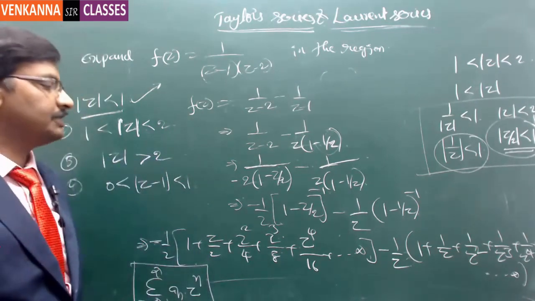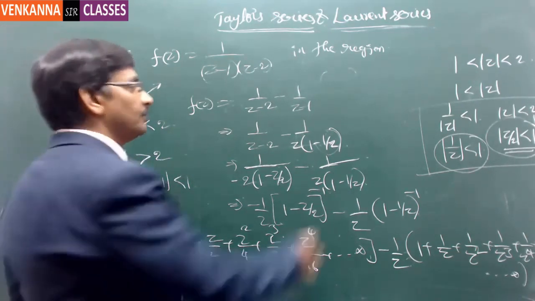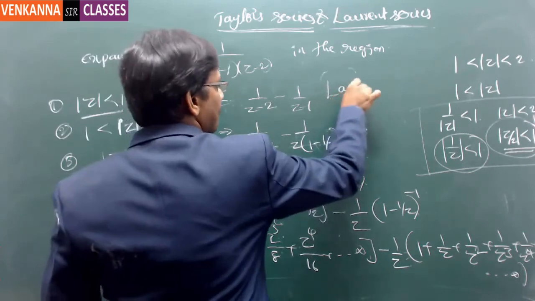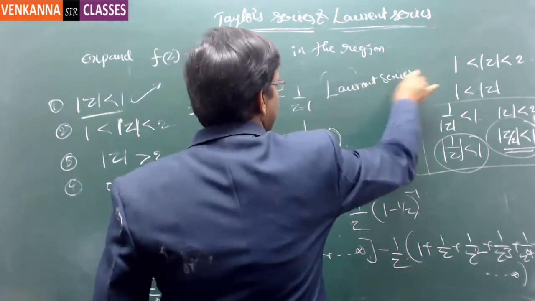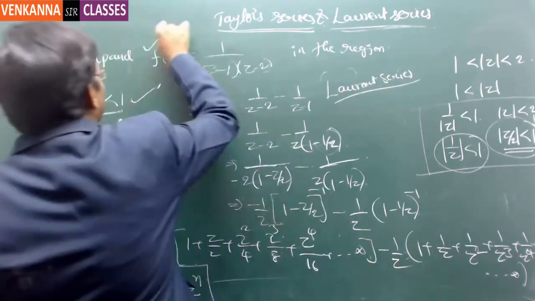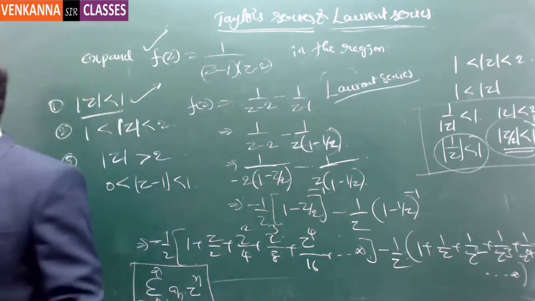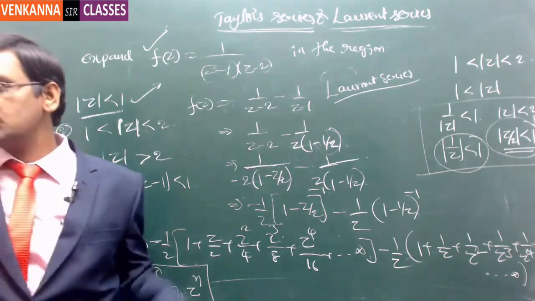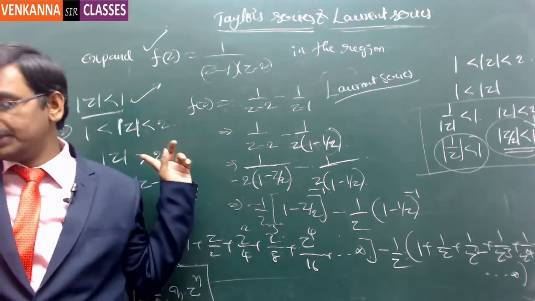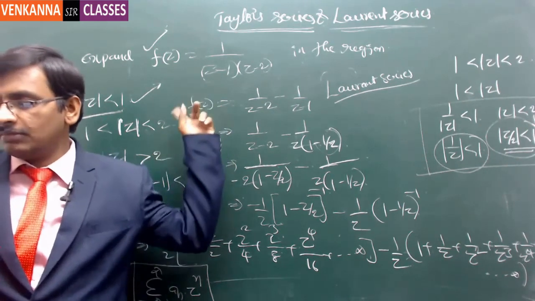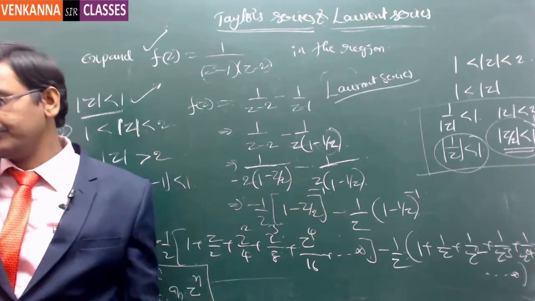Note down this. This is a Laurent series. So it is the same expansion, but depending upon the region where you want to expand, you may get either a Taylor series or a Laurent series. So same function, but different regions. That's it.